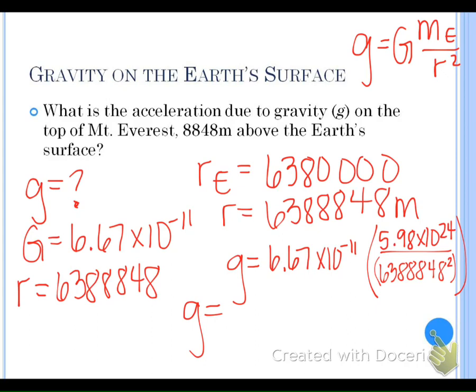Before you finish the math, do you think the gravity will be higher or lower on the top of Mount Everest than on the surface of the Earth? Yeah, lower. As we get farther away from the center of the Earth, it should be lower. The force due to gravity decreases. What'd you get, Olivia? I got 6.24 times 10 to the negative 7. That's too low. Try it one more time.